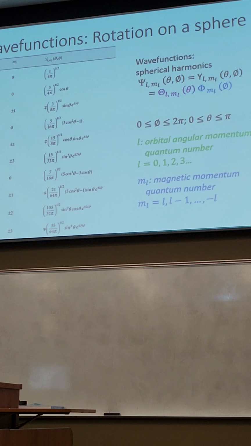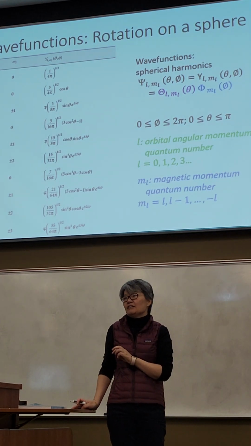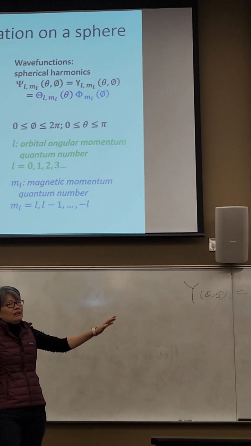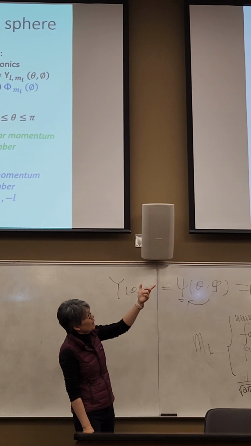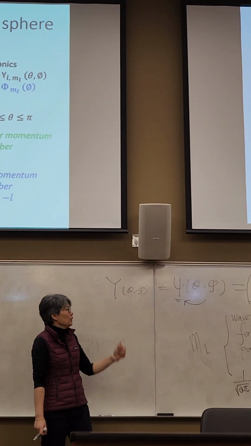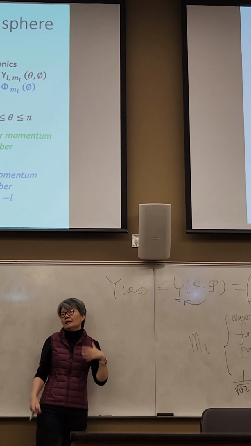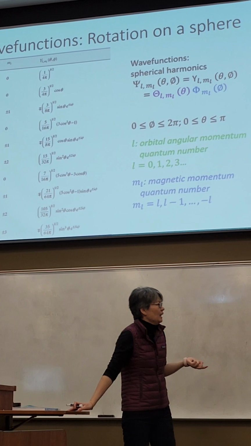So this wave function for the rotating sphere only depends on the angles, and the solution of the wave function we call spherical harmonics. We use a Y as a symbol because it only depends on the angles. There is nothing fancy, okay?